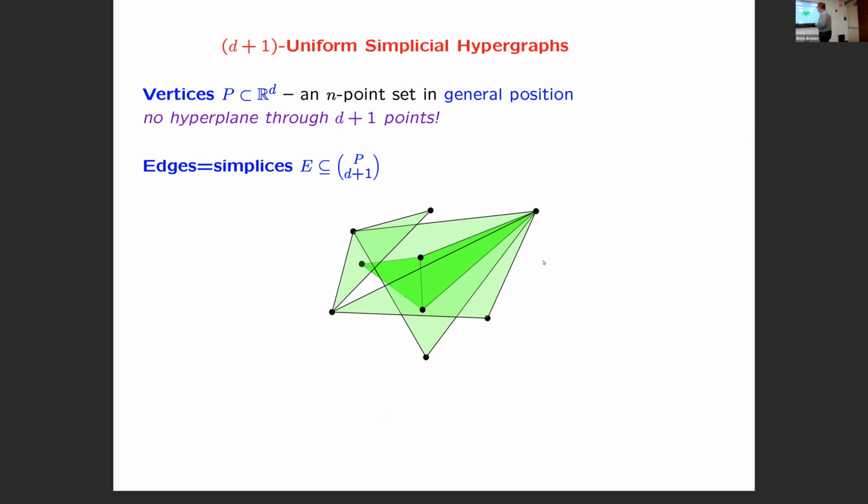Today, this talk will deal with the structure of geometric simplicial hypergraphs in D-space.